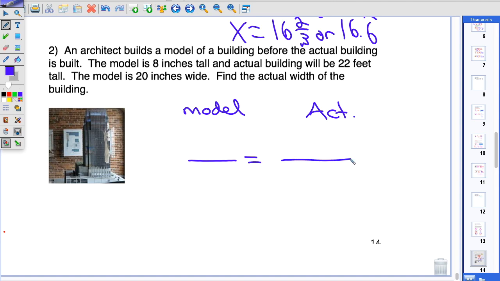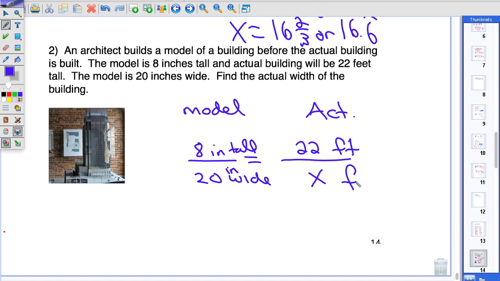We'll start by using the model, which is 8 inches tall, and the actual is 22 feet. The model is 20 inches wide, so we can put that on our denominator. And it says find the actual, so this is our unknown. We don't know how many feet wide it is.